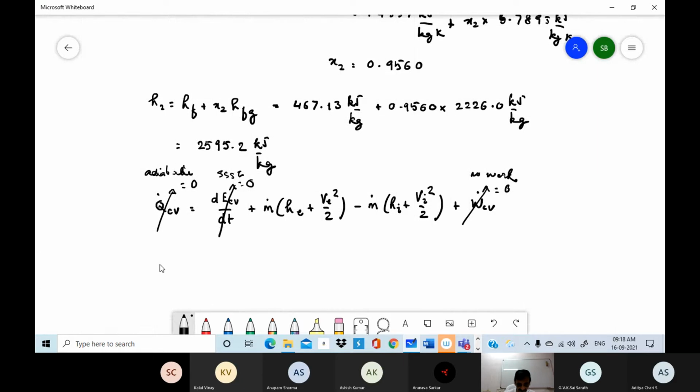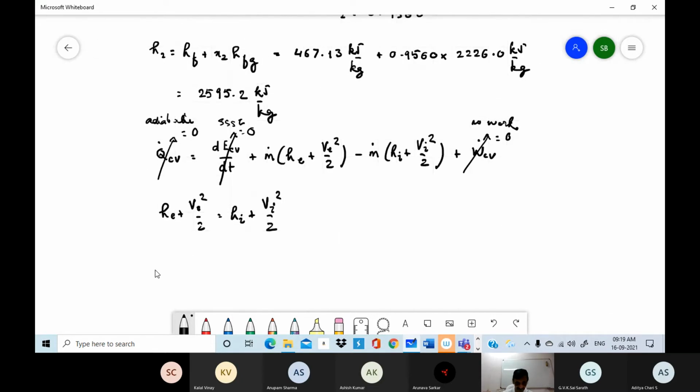So then, the exit we have denoted by 2, and the inlet by 1.